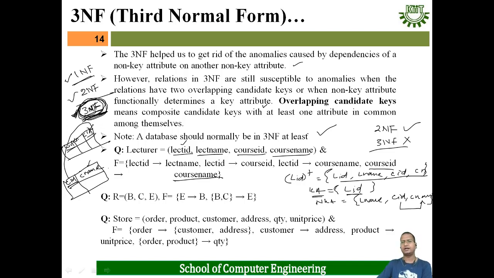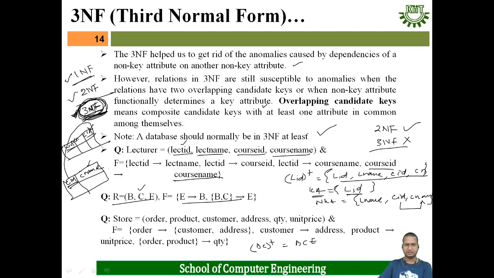Okay, and we can find out the particular normal form of a relation also. Then in this case, relation R with three attributes B, C, E, and the functional dependencies E determining B and BC determining E. What is the normal form of this relation? To find out the normal form of this relation, first we have to find out the candidate keys. Suppose here I will find out the BC closure. BC closure will be BCE.